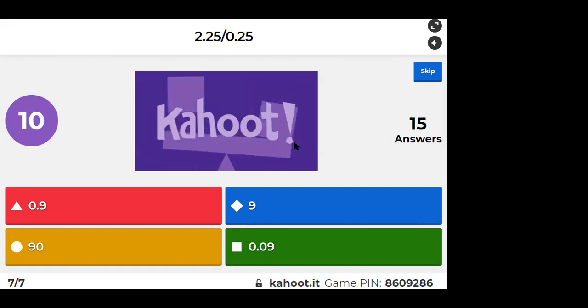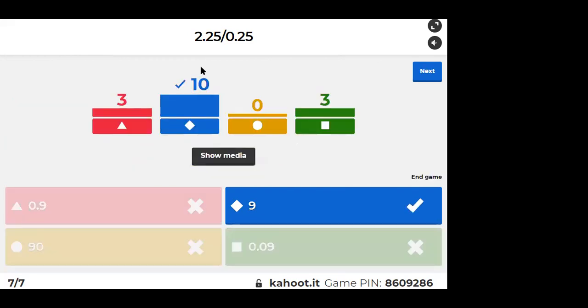Everyone? Yes, very good. The answer is 9. Correct. So see, as I told you, it is a division. So subtract. When you divide, you subtract. So 2 decimal places, 2 decimal places. So tell me, what is 2 minus 2? 0, right? Which means we don't have any decimal place.